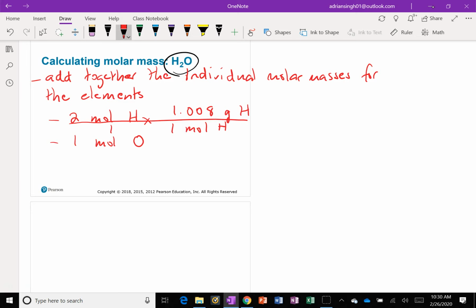But I have 2 moles, that's why I multiply it by 2. So my moles of H go away, and I get 2.016 grams. And then I also have 1 mole of oxygen. On the periodic table, if you have yours with you, what's the molar mass of O?